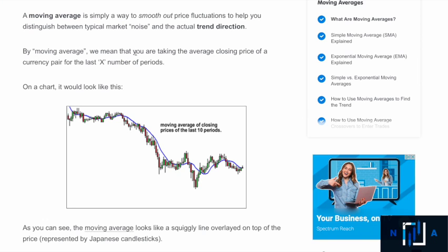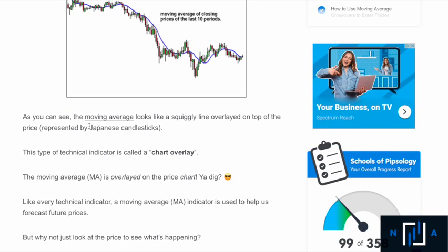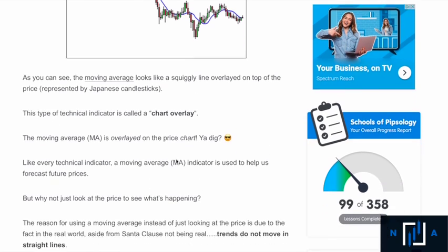So I have one taking the price of the last 50 and one taking the price of the last 200. As you can see, the moving average looks just like a squiggly line overlaid on top of price. This type of technical indicator is called a chart overlay.